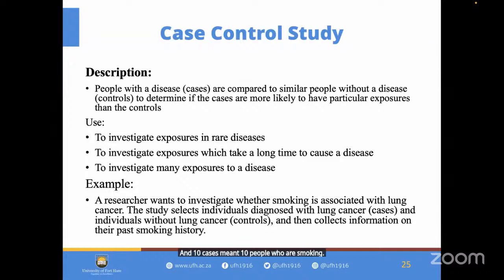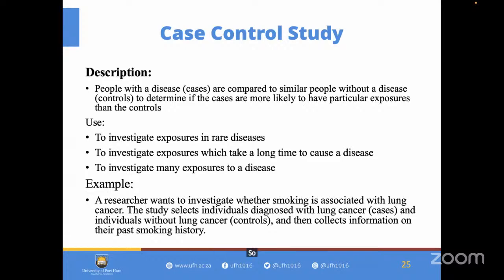They collected information over time, that is in the past, to say, how often do you smoke? When was the last time you smoked? How many packs of cigarettes do you smoke? And then let's say out of those 10 cases, maybe 9 of them were smokers.